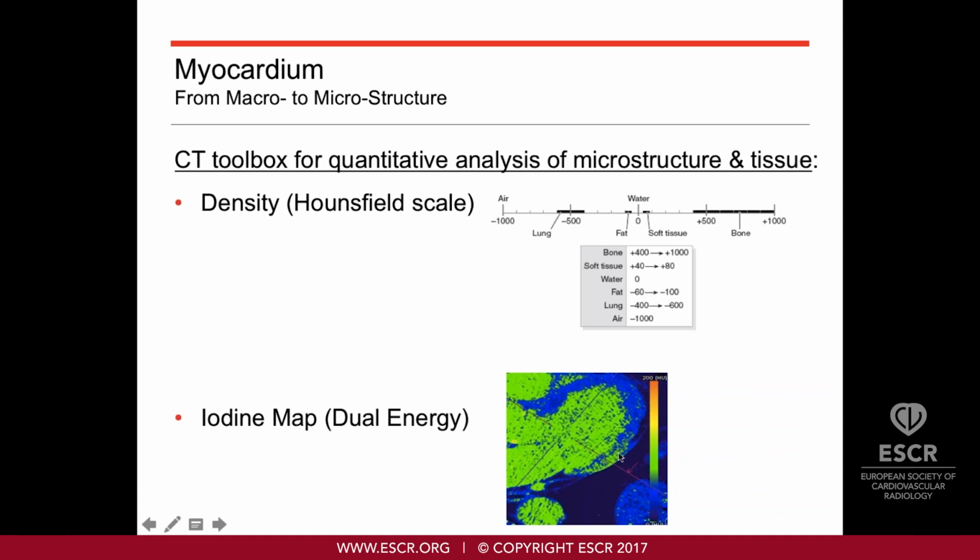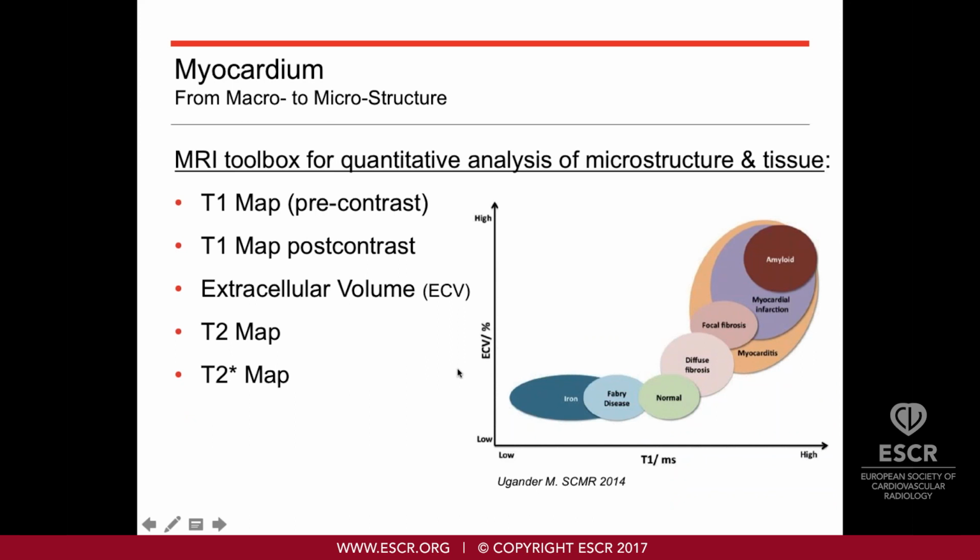And for example, this myocardial infarction that we see here on this late enhancement image is bright on this late enhancement image, has a T1 prolongation on T1 pre-contrast, T1 shortening on this T1 post-contrast, this dark zone, and an increased extracellular volume, as we see here. And there are many other examples, and again, these mapping techniques help us to characterize the microstructure of the tissue.